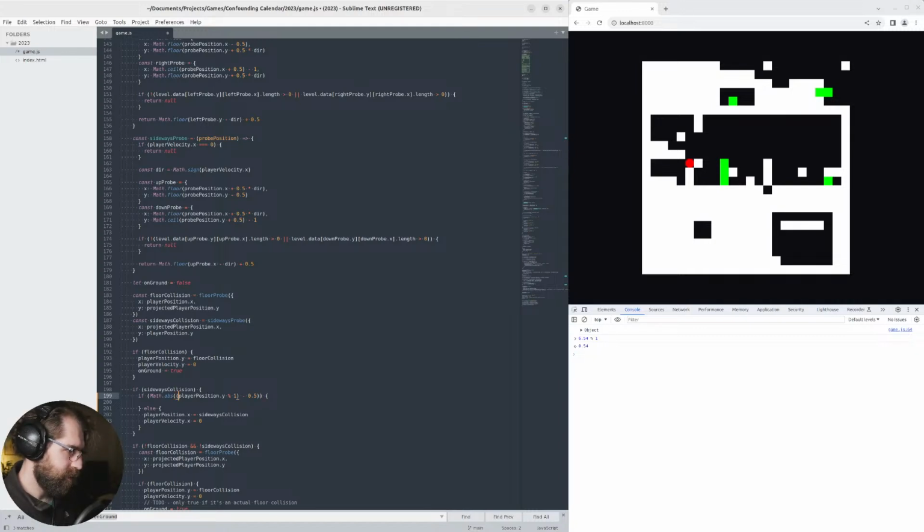You're from Poland. Okay. Hello. An idea for a puzzle involving chess pieces. That sounds interesting. So, like a potential different idea for the Confounding Calendar.